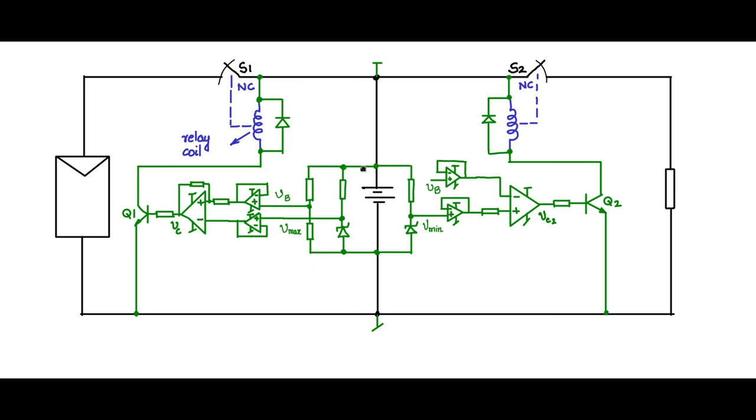So in this way, this charge controller circuit works. Whenever VB is greater than Vmax, this will open out and this will continue to remain closed, and whenever VB is less than Vmin, look at this polarity, this will open out and this will remain closed. So when VB is between Vmin and Vmax, both of these are off and S1 and S2 are closed.